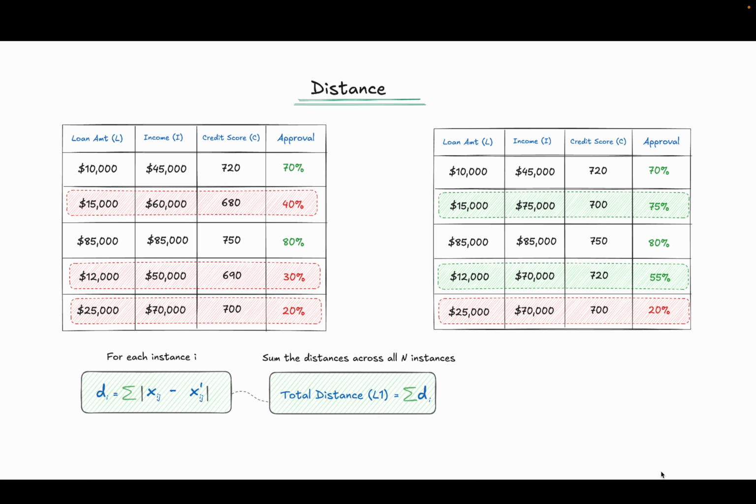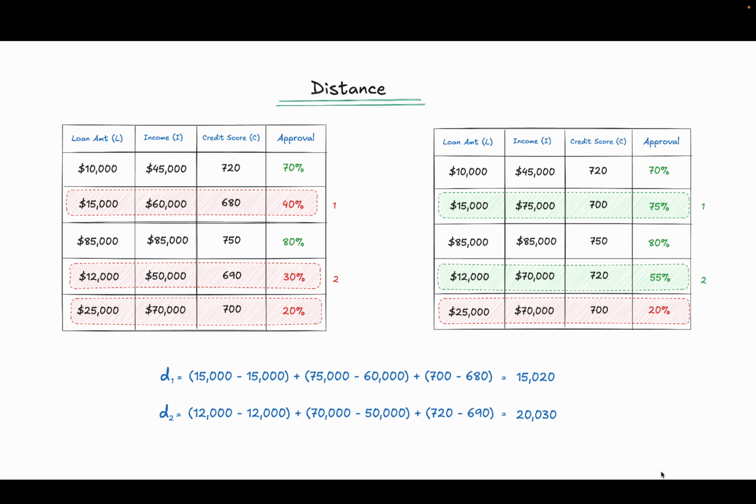Finally, we divide that by the number of instances to get the average distance. Smaller distances mean less drastic changes are required, making the counterfactuals more practical. So in the first step, we calculate the differences between each of the features among all the instances.